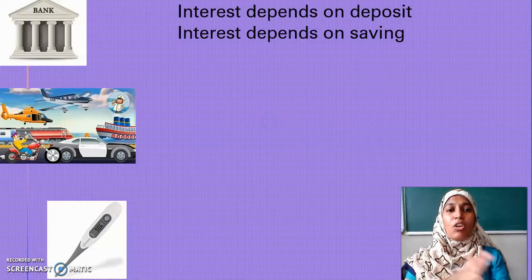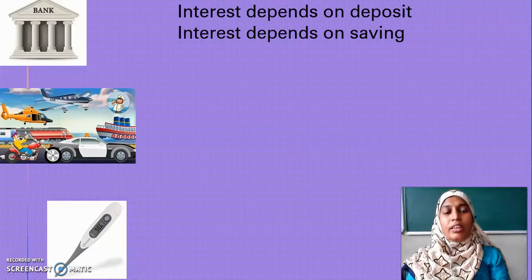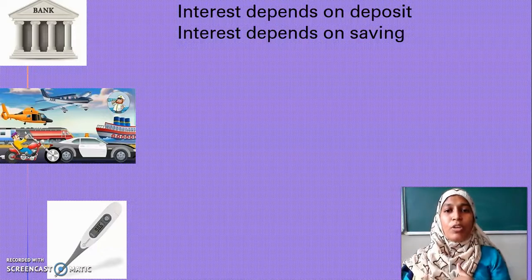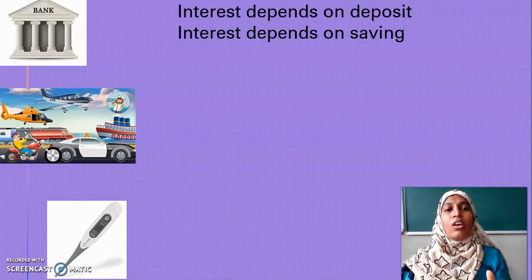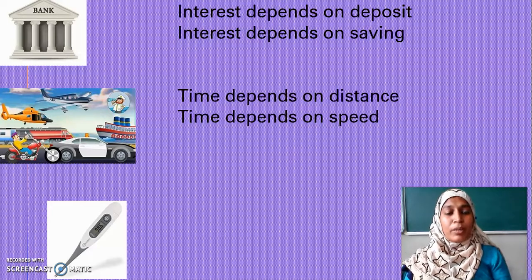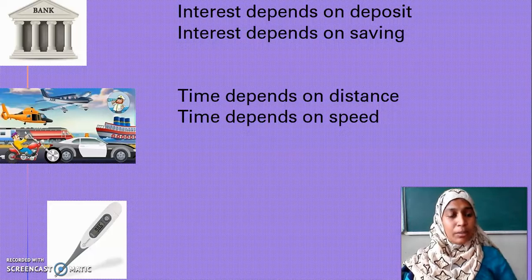Interest depends on deposit. How much I deposit, that much amount I get interest for. Similarly, it also depends upon how much I have borrowed. Time depends on distance. Depending upon the distance, time differs.